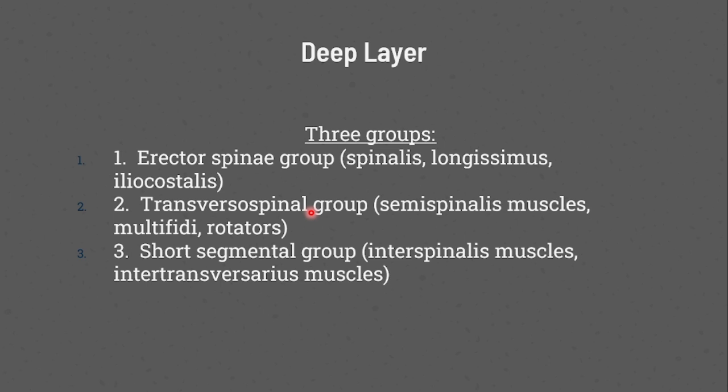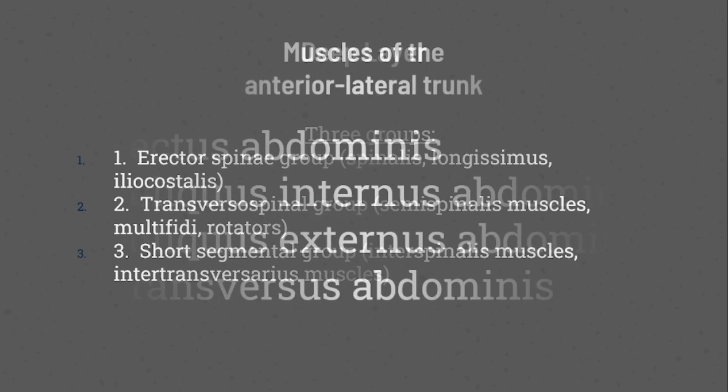It's very hard to have video of all the erector spinae group because the muscles are small and deep layers. So the transversospinal group are the semispinalis muscles, multifidus, and rotators. And we have the short segmental group: interspinalis muscles and intertransversarii muscles.